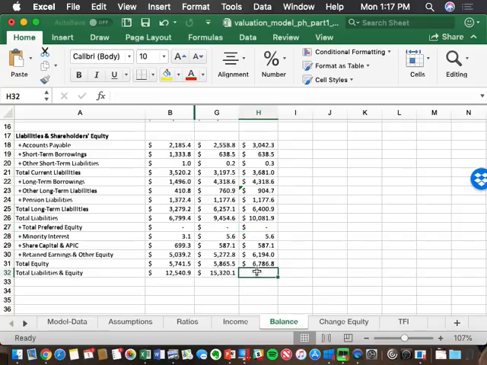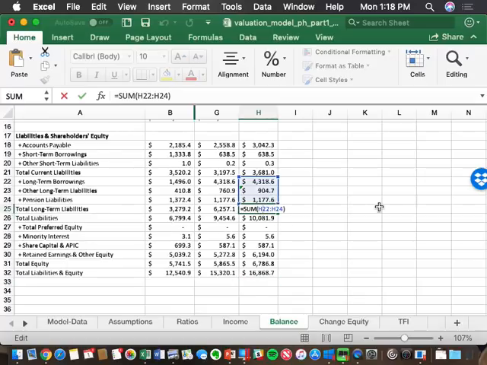And finally, liabilities and equity equals total liabilities plus total equity. We should get liabilities and equity of 16,868.7. Yes. So the total long-term liabilities are the sum of the three items above: long-term borrowings, other long-term liabilities, pension liabilities. Add the three up.